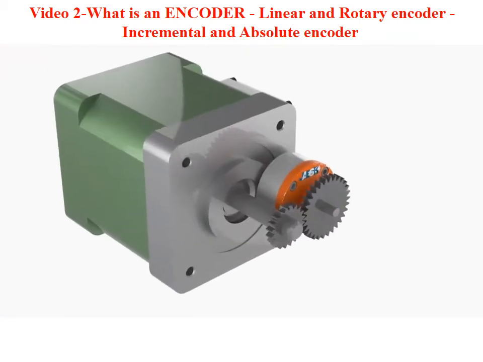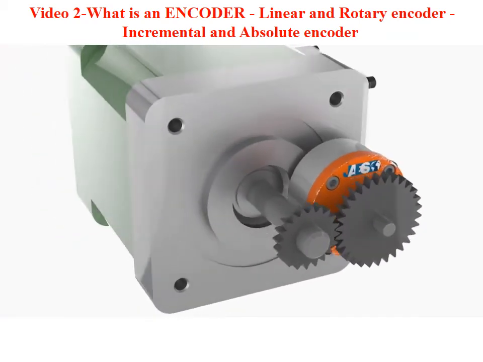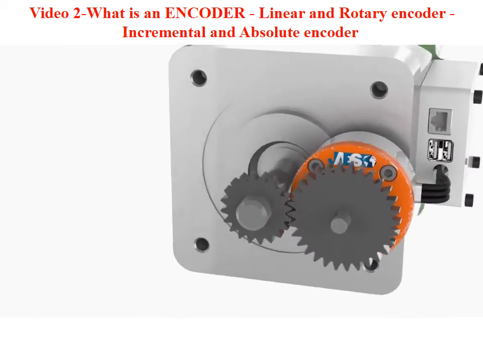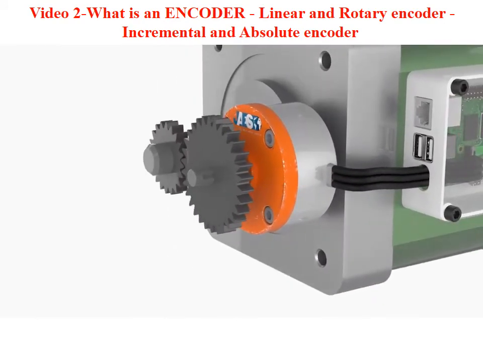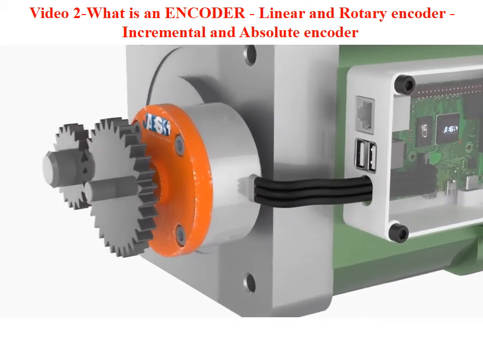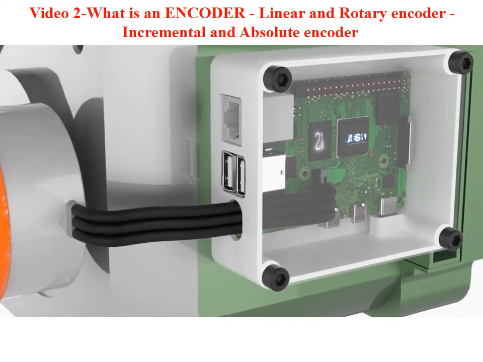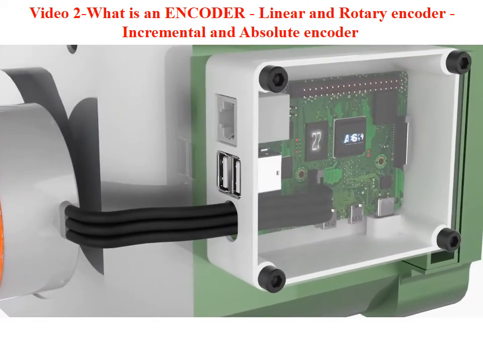What is an encoder? An encoder is a communication device that controls the motion of an operating device. Encoders are used to translate rotary or linear motion into a digital signal, helping to determine the speed or position of a motor or other moving equipment.